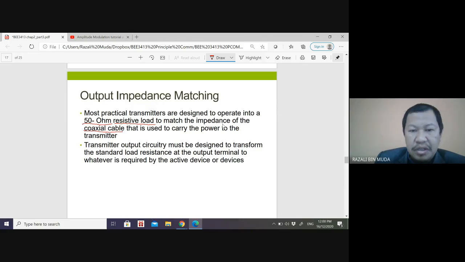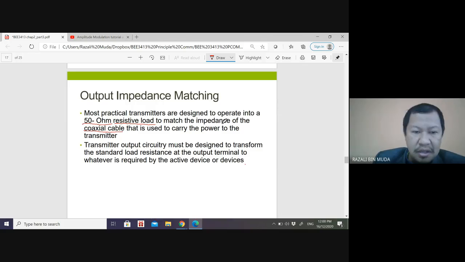Transmitter output circuitry must be designed to transform the standard load resistance at the output terminal to whatever is required by the active device or devices.